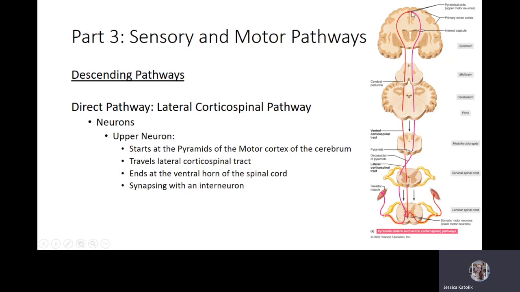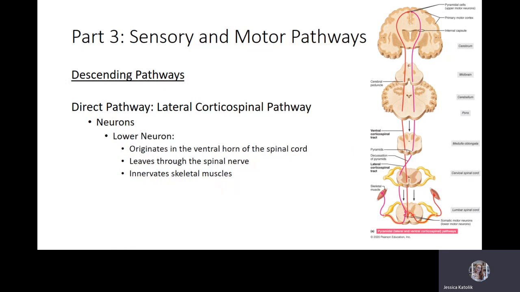So it starts at the pyramids of the primary motor cortex in the cerebrum. It will cross over in the medulla oblongata, and then it will travel down the lateral corticospinal tract in the spinal cord and synapse with an interneuron. So that's what the upper neuron will do.